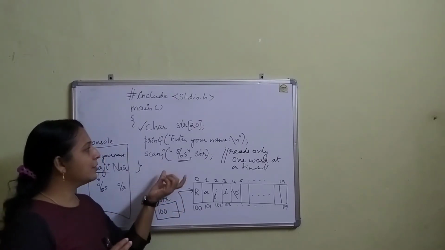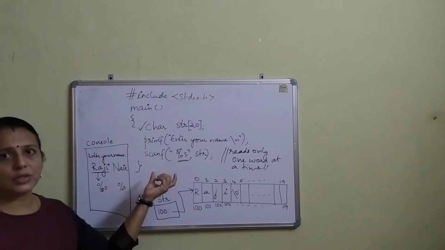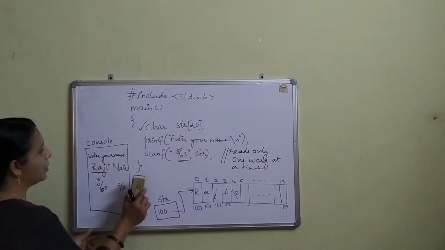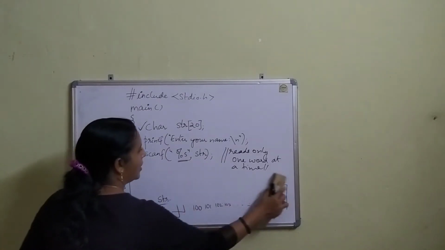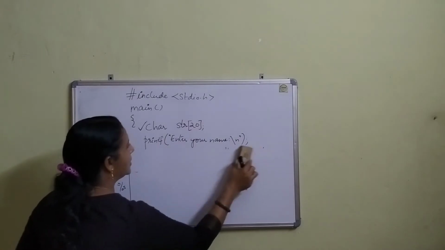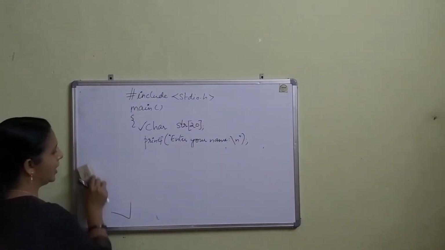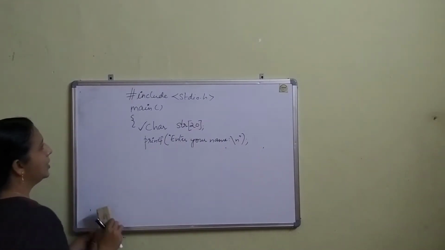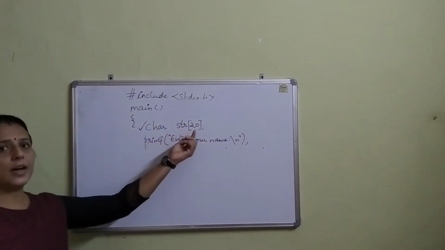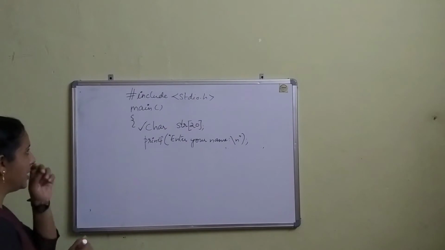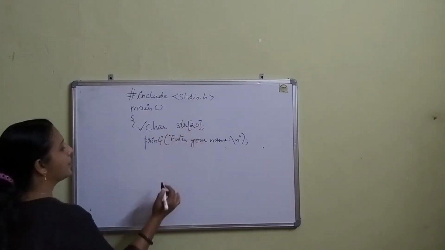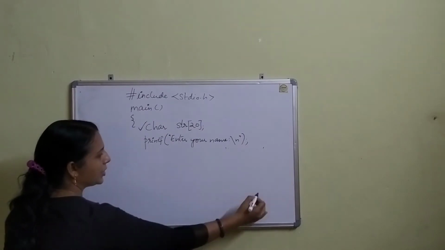Okay, so the next function that we are going to see here is the gets function. So let us see the implementation of the gets function. This is our program, and we have declared a character array str with the size 20. Similarly here, the same memory allocation will happen.